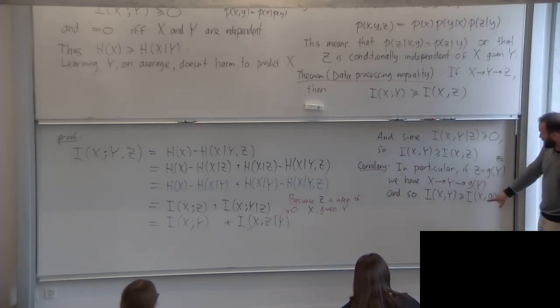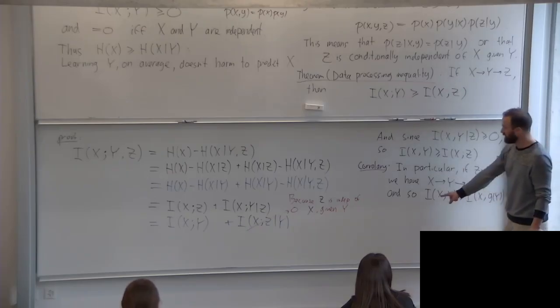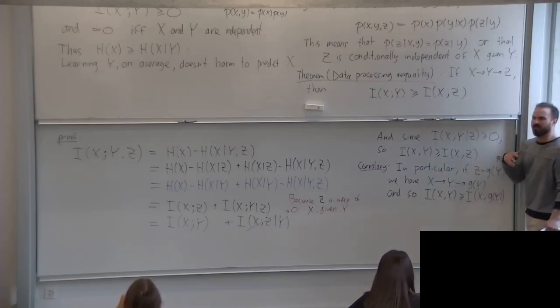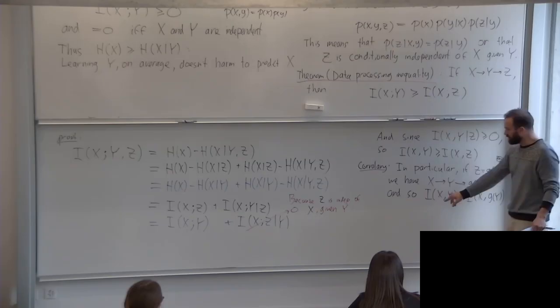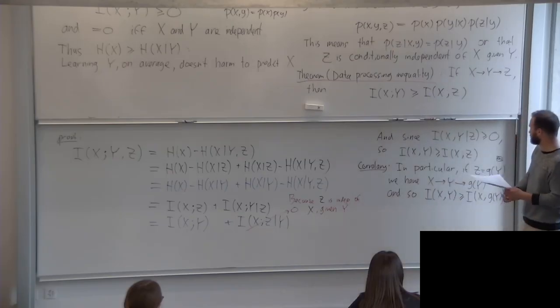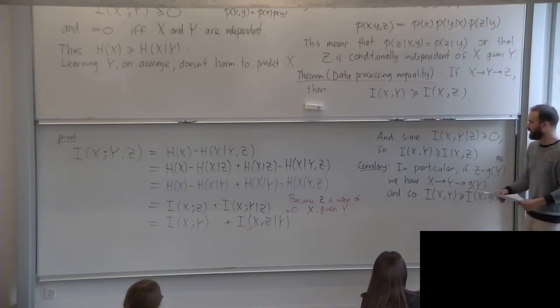I actually like to say that I of x g of y is smaller or equal than I of xy, which basically says that you can't hope to process your variable y in a way that will increase your mutual information with the variable x.